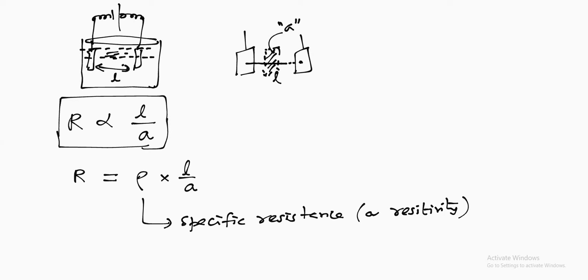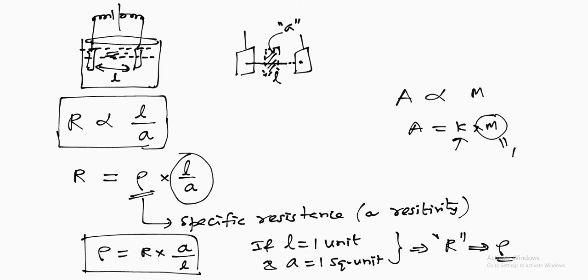Student, can anyone tell me how will you define it? Yes, so rho is equal to R into A by L. This is the relation for specific resistance. What is specific resistance?